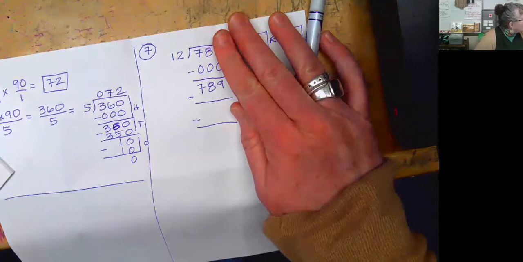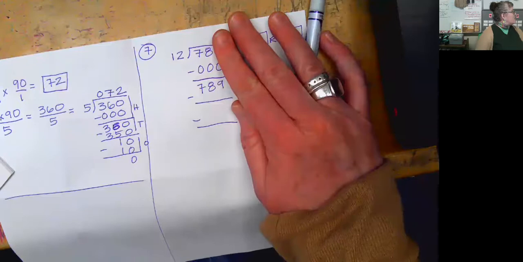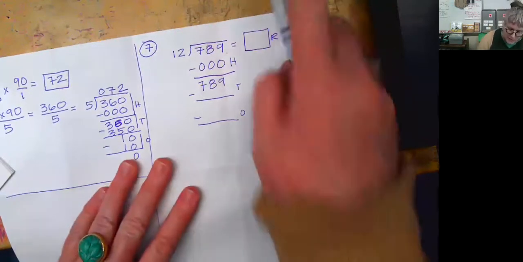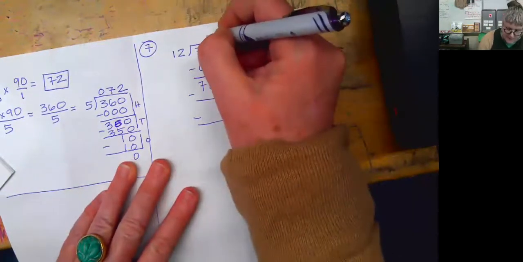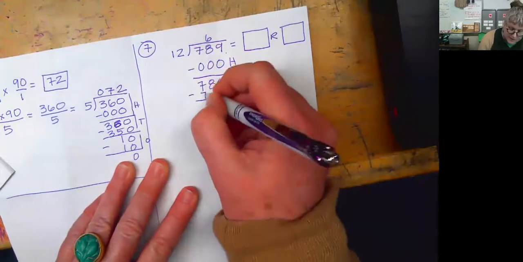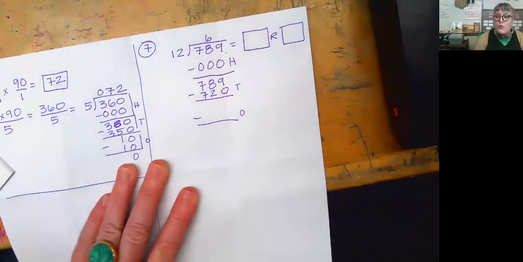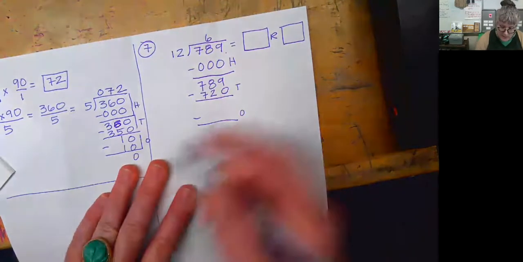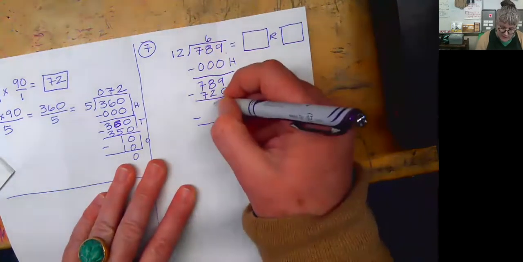I'm peeking and looking over at my 12s, so it's 12 times 6, right? So I'm going to put a 6 there. And because it's in the tens place, it's not 72, it's 720. Then I'm going to subtract.